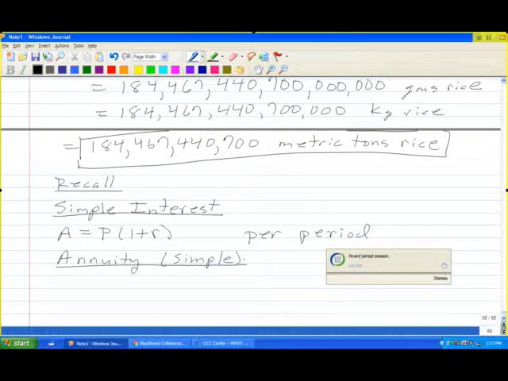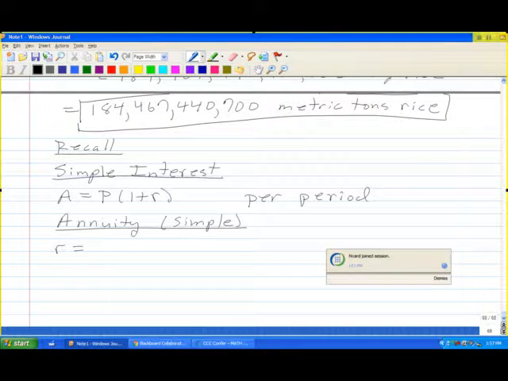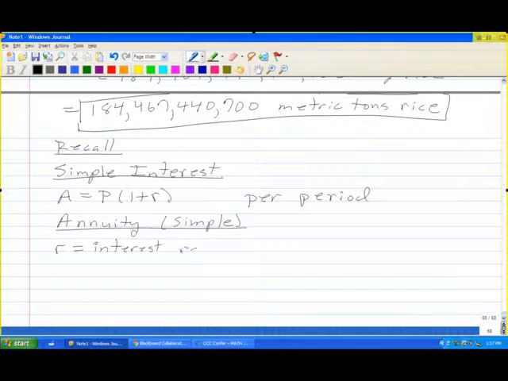And so let R be the interest rate per period.